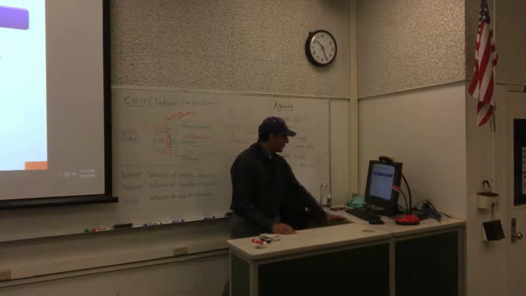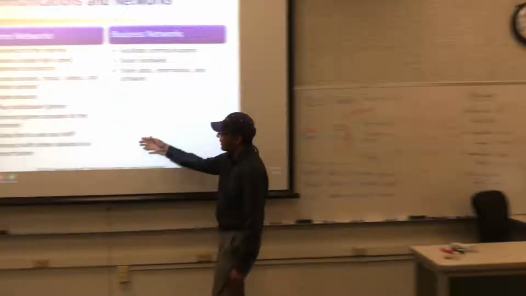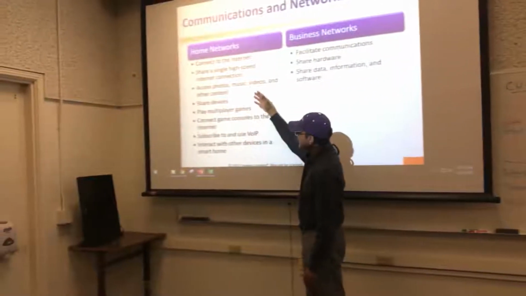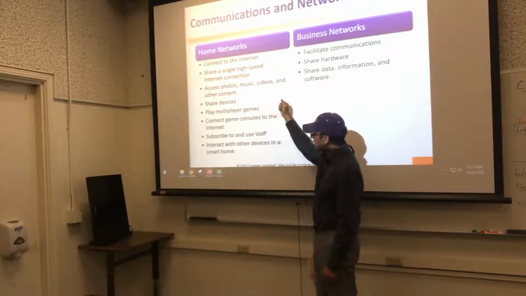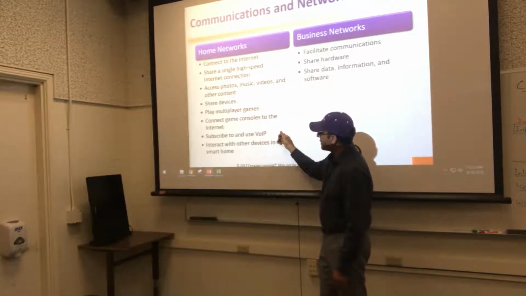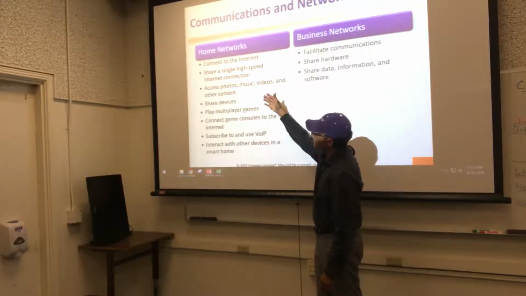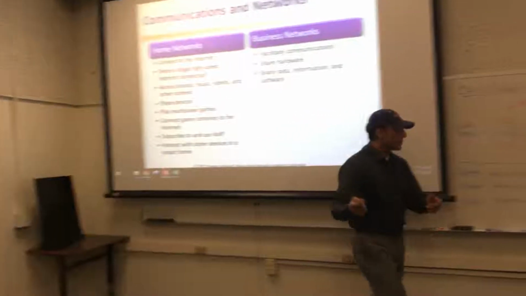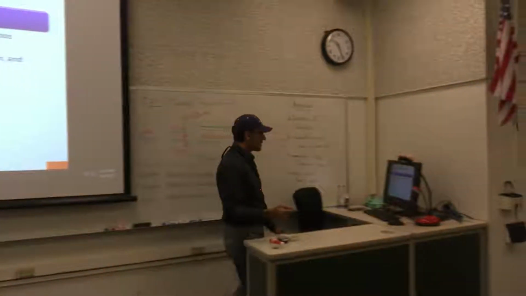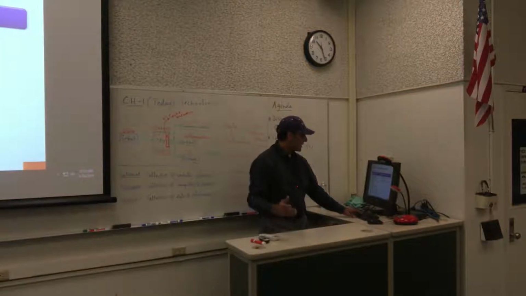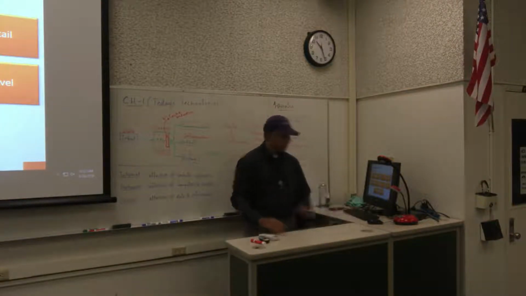All right, so in your home network, you might have some of these things. You might be sharing devices, interacting with other devices, you might have some way to access your photos wirelessly or wired, and businesses also have similar kinds of things.